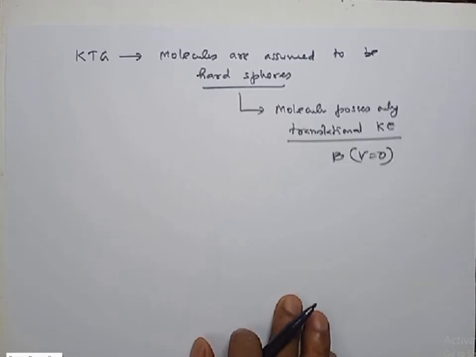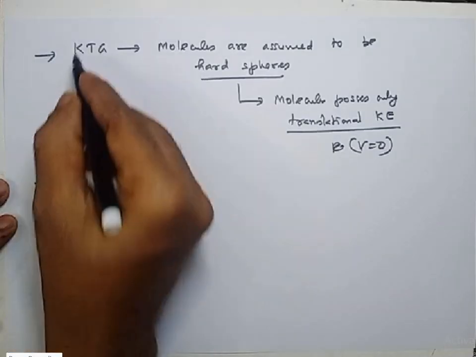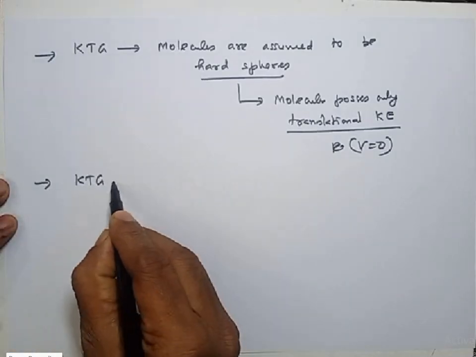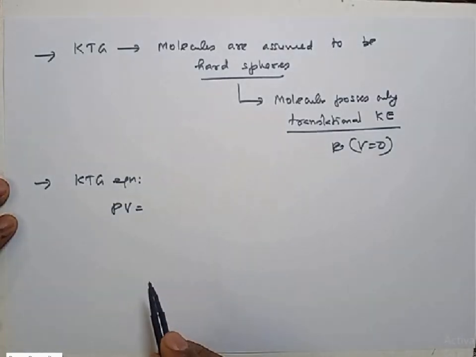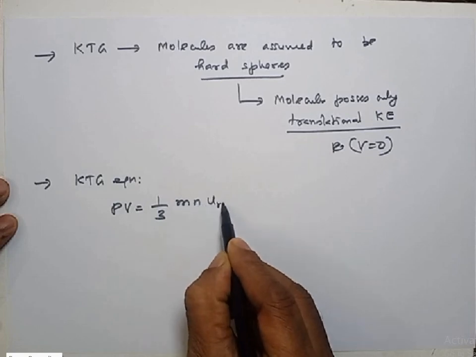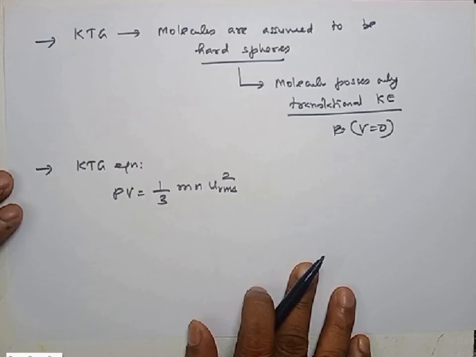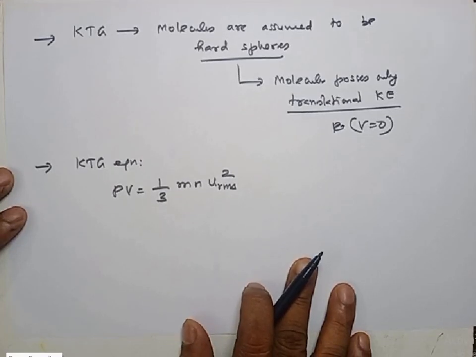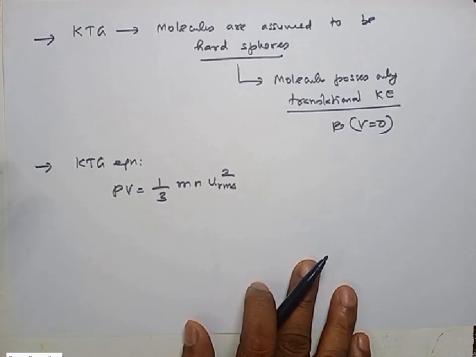Now listen carefully. What is the kinetic theory equation? The KTG equation is PV equal to 1 by 3 M N U RMS square. Now, observe this carefully.